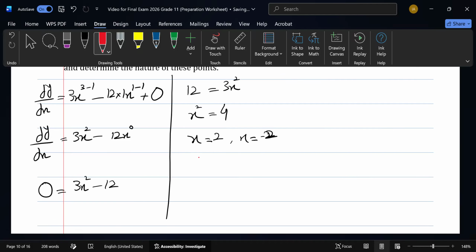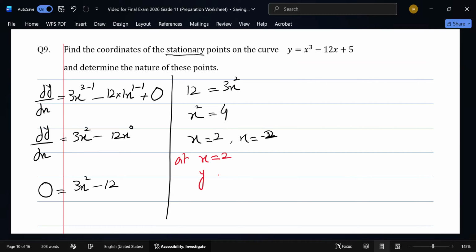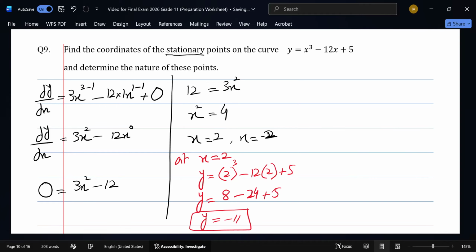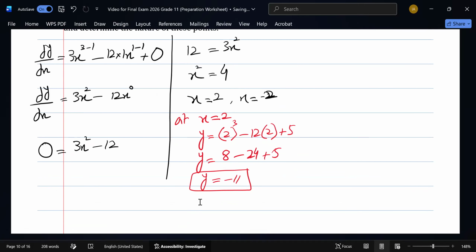At x equals 2, we substitute in the original equation: 2 cubed, minus 12 times 2, plus 5. This is 8, this is 24, and this is 5. y is equal to negative 11, which means the coordinates will be (2, minus 11).